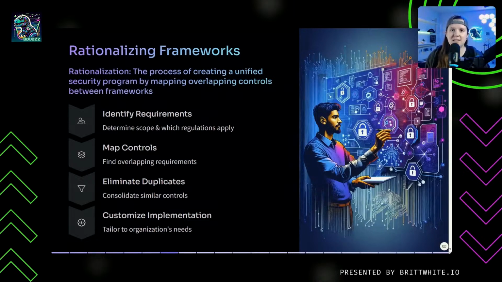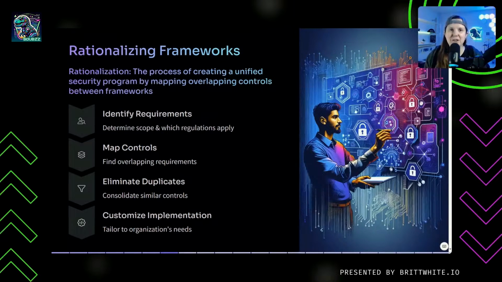The overall process is about taking a strategic, structured approach to aligning multiple security standards in a way that reduces complexity and overhead for the organization. Think of it as decluttering your security program. You're taking all these different standards and turning them into one smooth, manageable system that doesn't drive everyone crazy with unnecessary complexity. Work smarter, not harder, right?